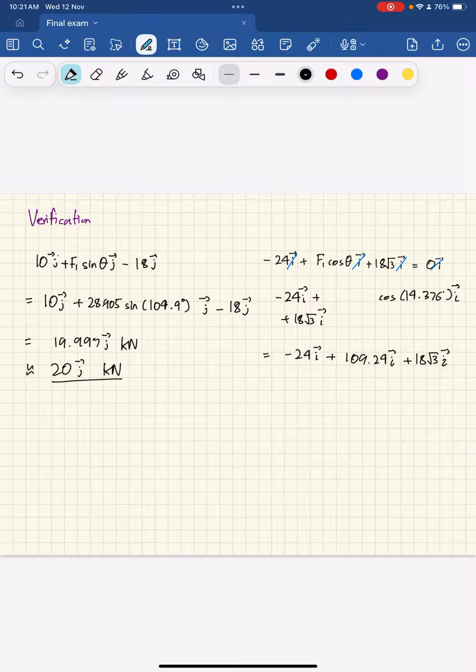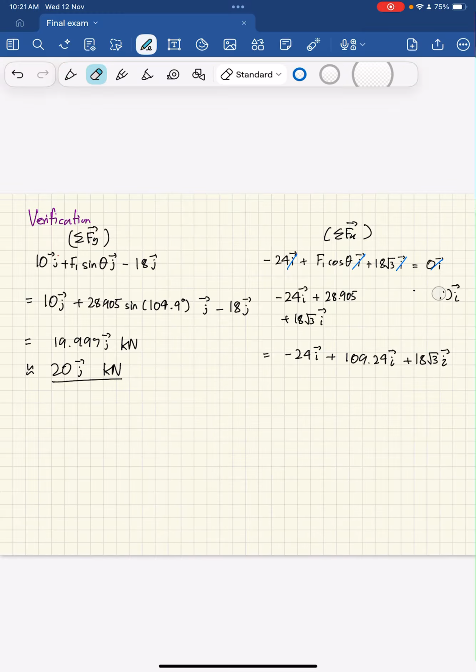Let me label this as fy and fx. So of course 28.905 cosine 104.4 i, and this one plus 80.4 j.